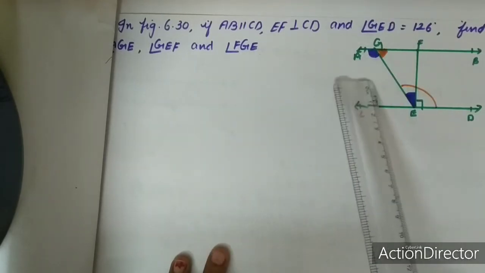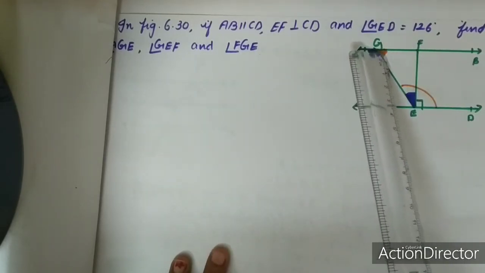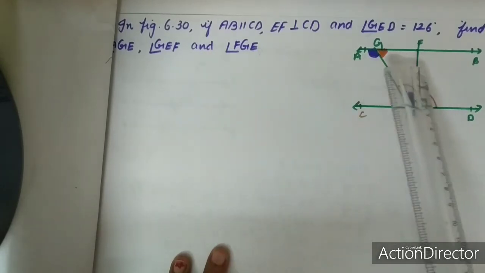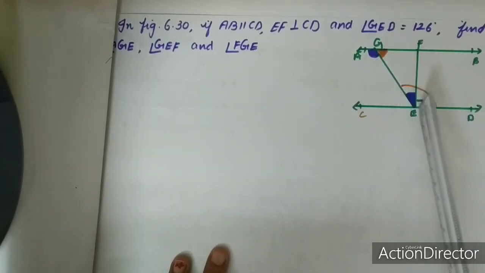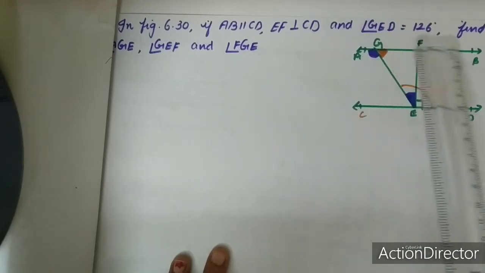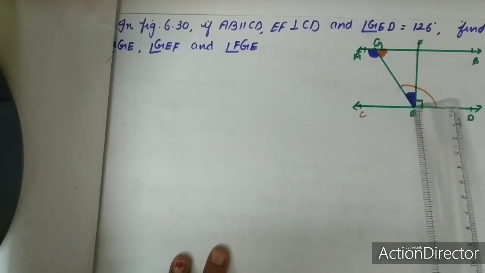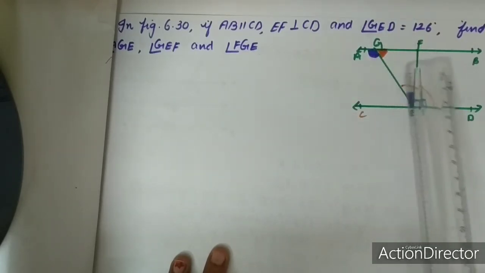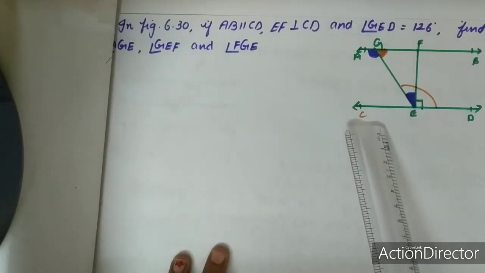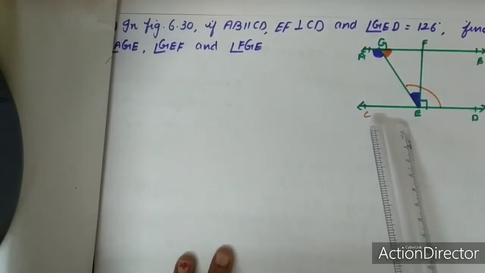Find angle AGE. I have shaded over here in blue AGE, and GEF, and FGE, three different colors. See, these colors are shaded, whichever angle you have to find out. In the exam also you shade like this, so it will be easy for you.